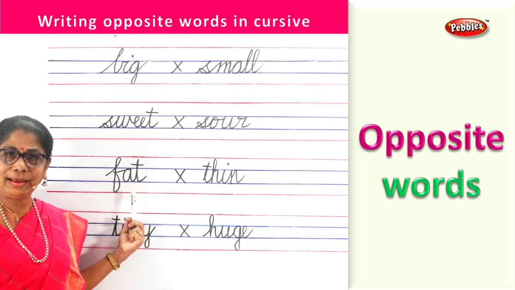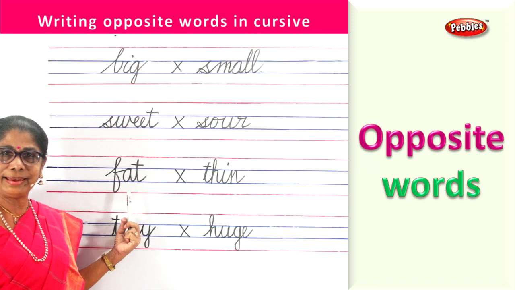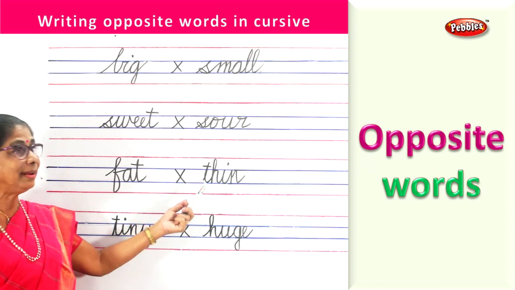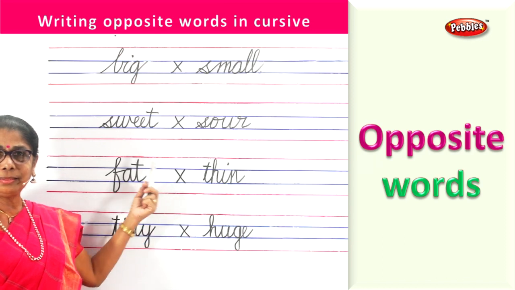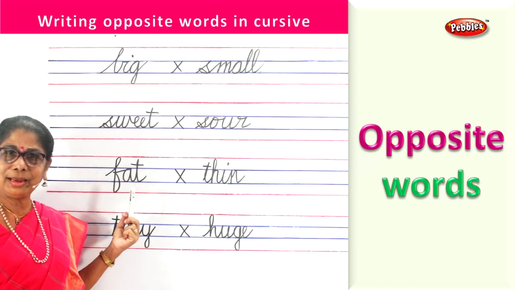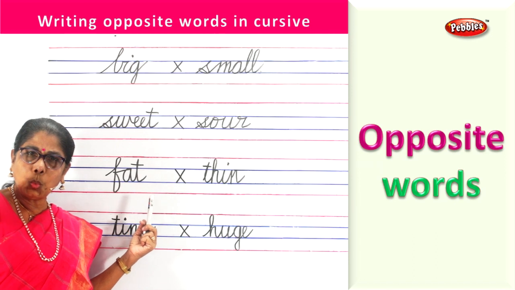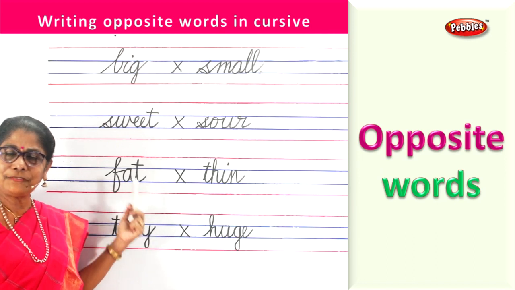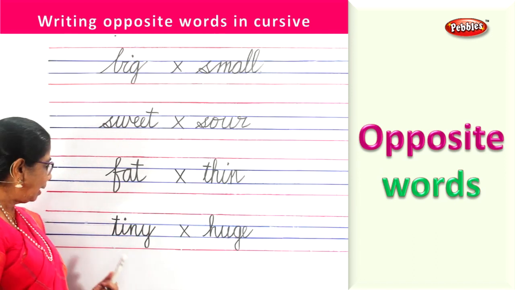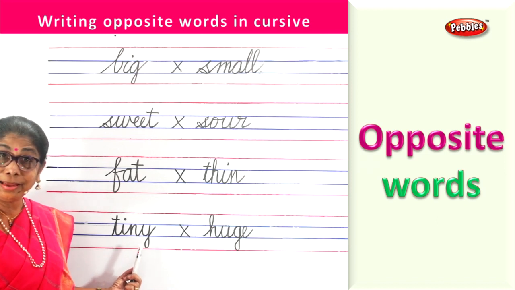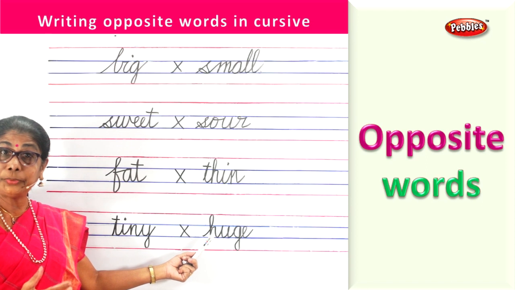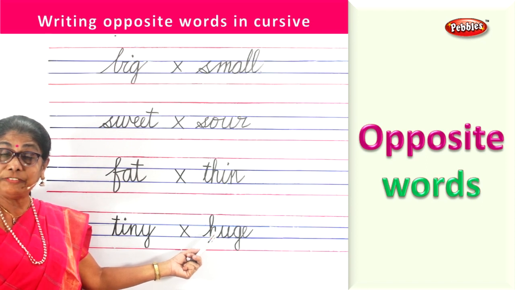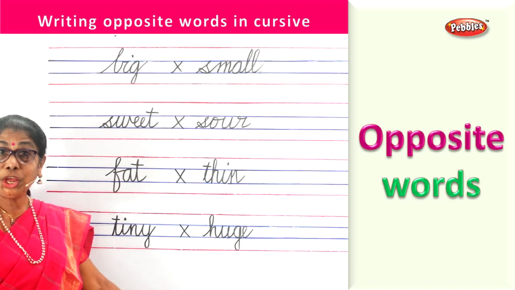Have you seen a little red hen? A fat little red hen. Opposite of fat, thin. T-H-I-N, thin. The little fat red hen pulls out a thin worm from the earth. Fat, thin. And finally, tiny. Hands are tiny. T-I-N-Y, tiny. Opposite, huge. Elephants are huge, very big. H-U-G-E, huge.